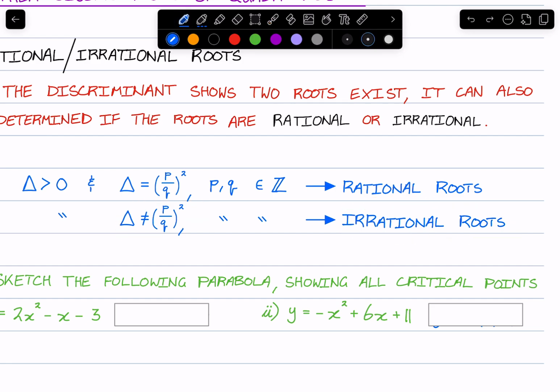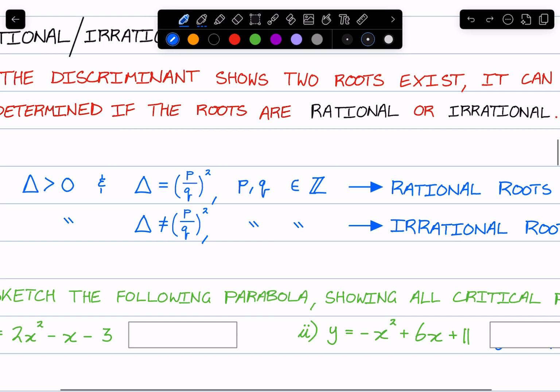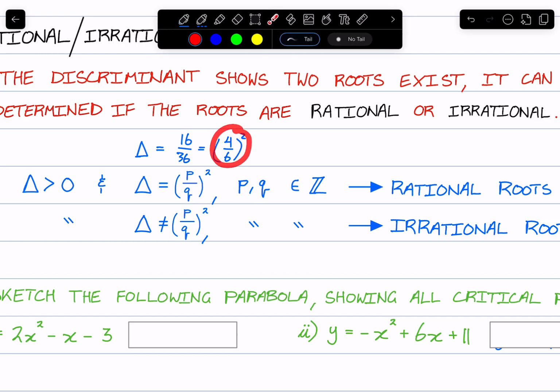A quick demonstration of this is, let's say we calculate the discriminant and it comes out as delta equals, let's say, 16 on 36. Notice how this is of the form 4 on 6 squared. If delta is equal to something like this, that will be a rational root.